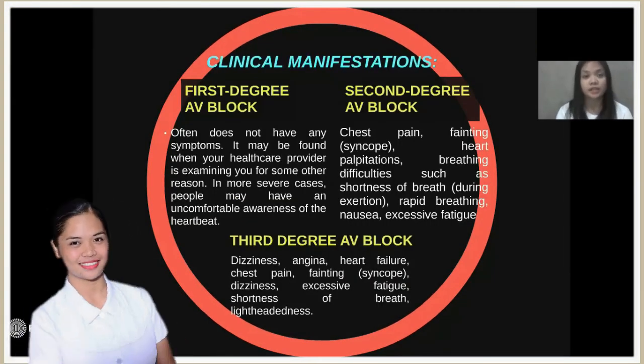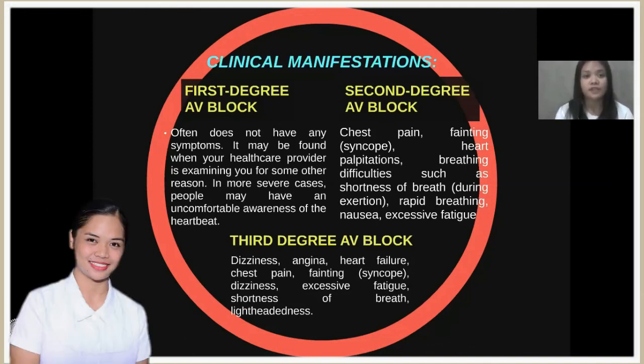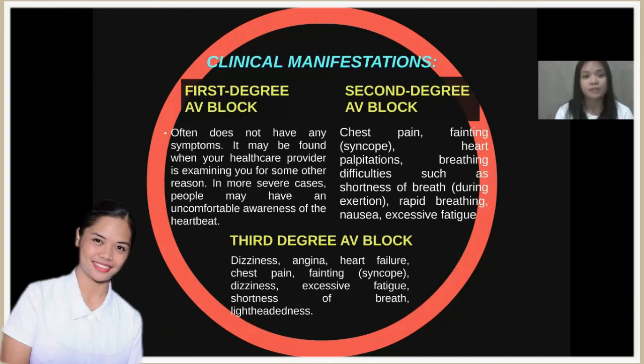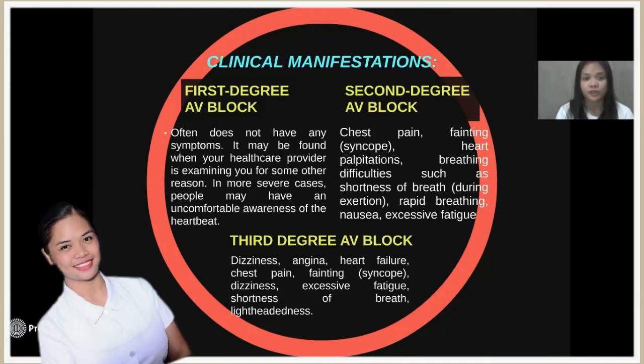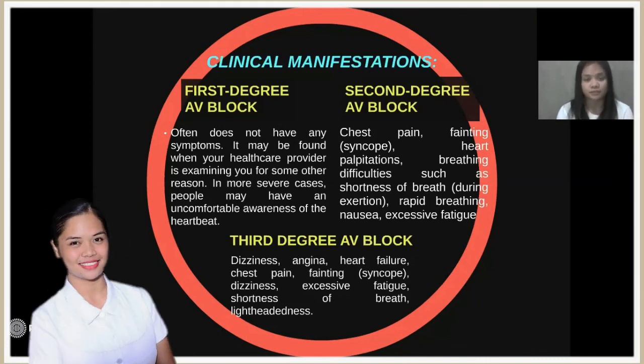These are the clinical manifestations of each degree of AV block. The first-degree AV block often does not have any symptoms. It may be found when your healthcare provider is examining you for some other reason. In more severe cases, people may have an uncomfortable awareness of the heartbeat.